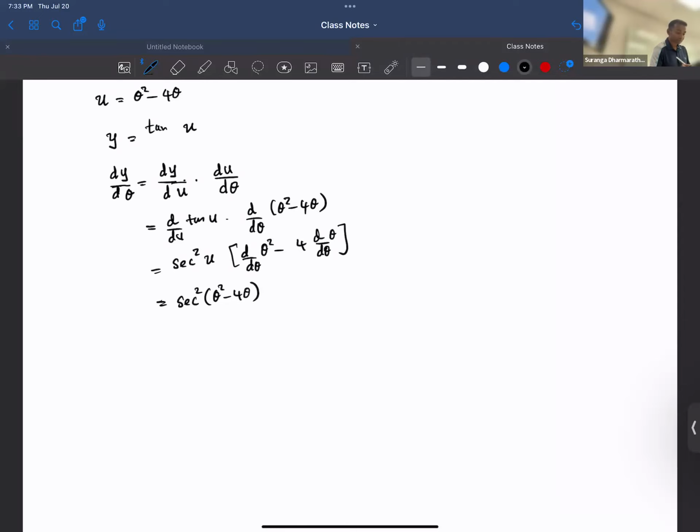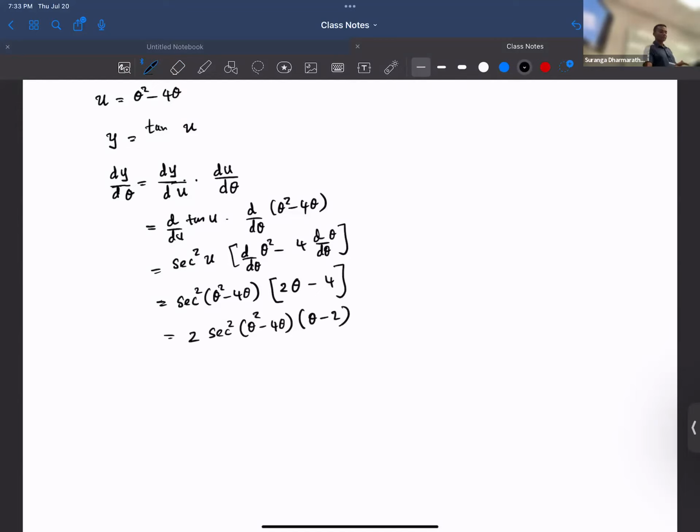Now I can substitute because I have finished the differentiation, and I get 2 times theta minus 4. And I can take 2 as a common factor: 2 secant squared of theta squared minus 4 theta times theta minus 2.